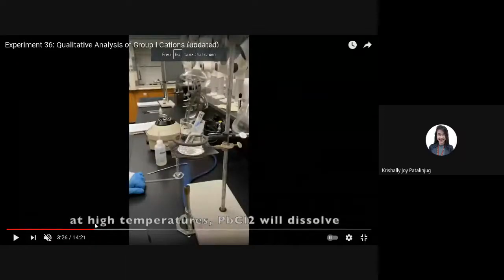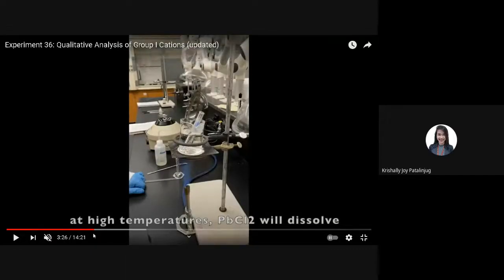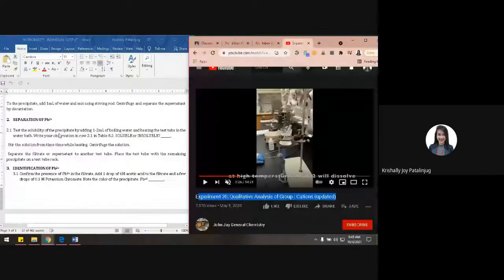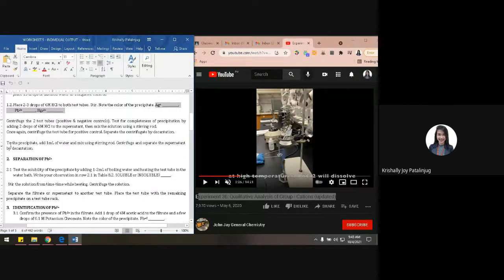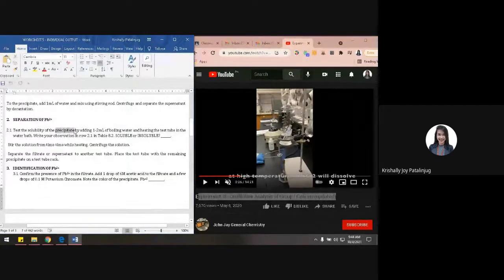Atong i-recap para wala na catch up sa uban. 'Di ba from the initial step may na-produce tayong chloride precipitate. Yung mismong kulay white. Yun yung tinest natin dito, yung mismong mga precipitate. It is being added with water and then gicentrifuge, decant. From that precipitate, yung solid, yung insoluble portion, it is being added with boiling water.